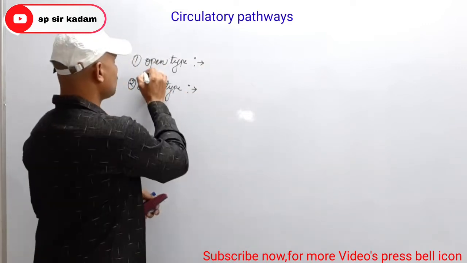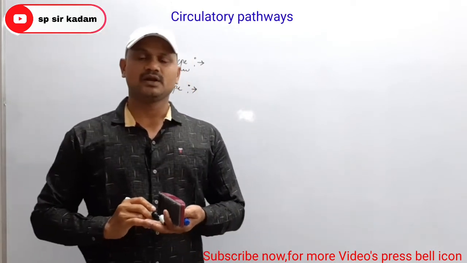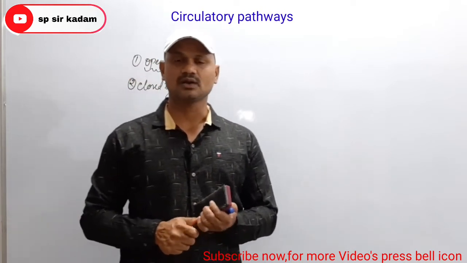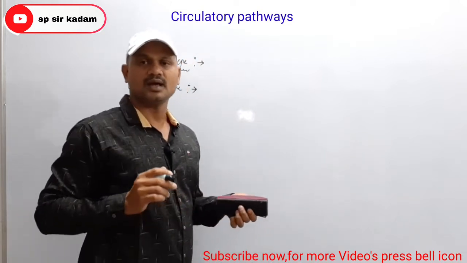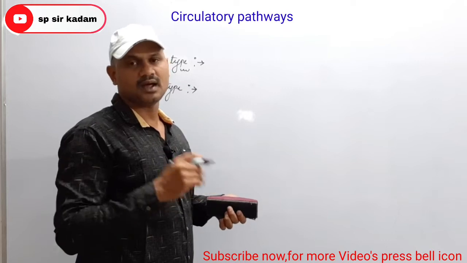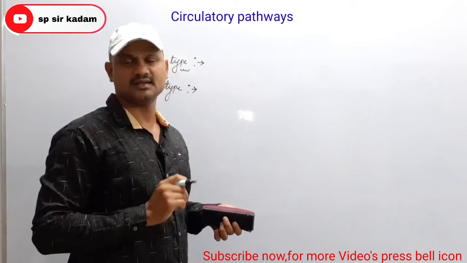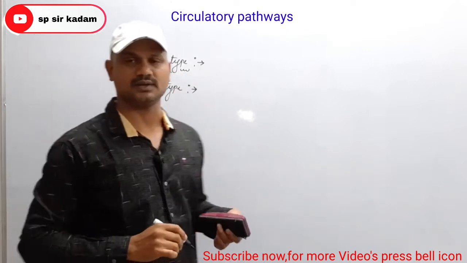So when we look at open type of circulation, blood flows from the heart into the vessels, and these vessels open into large spaces known as sinuses. From the sinuses the hemolymph is collected into the heart and from there distributed to the different body parts. Such type of circulation is known as open type of circulation.